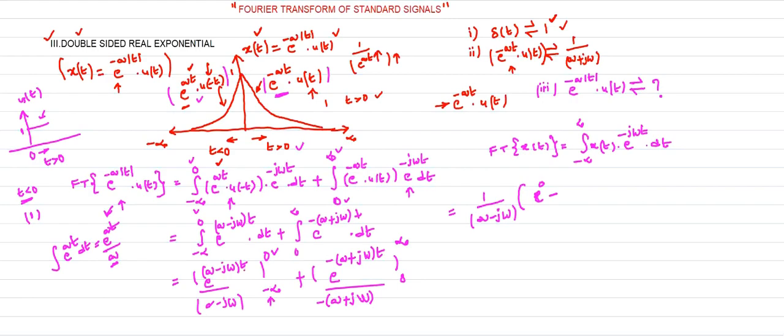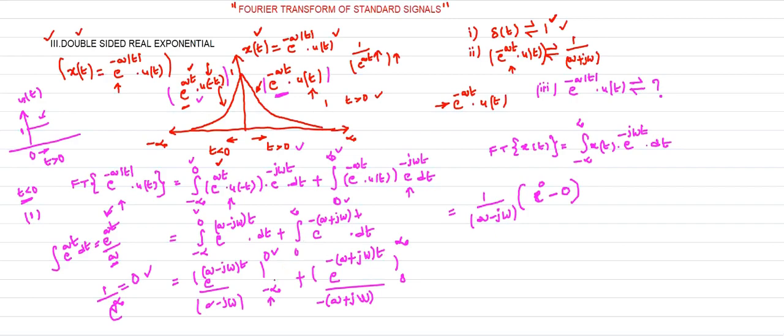When you substitute minus infinity in the place of t, it becomes e power minus infinity, which is 1 by e power infinity, which is 1 by infinity, and that is equal to 0.